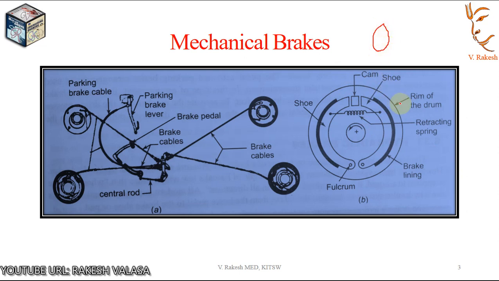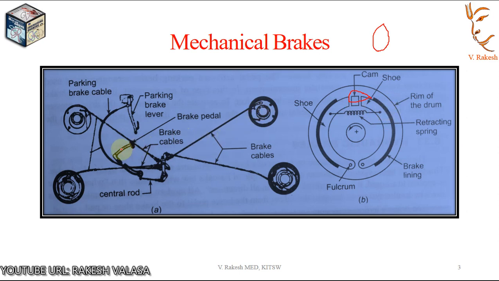When the brake cable is pulled, it actuates the cam inside the brake drum, over which the free ends of the brake shoes are resting. The operating cam expands. The cam is in this shape. In this case, the cam expands the brake shoes outward against the inner surface of the brake drum, causing it to stop its motion.